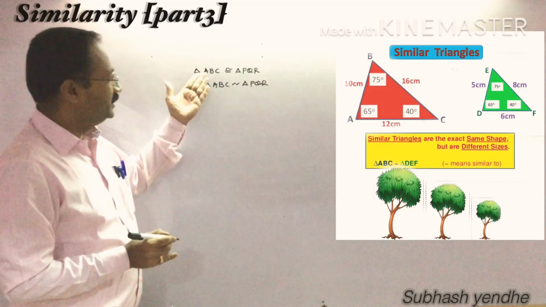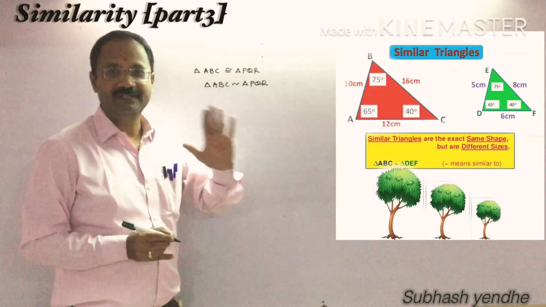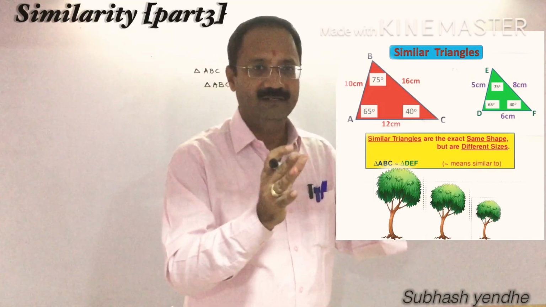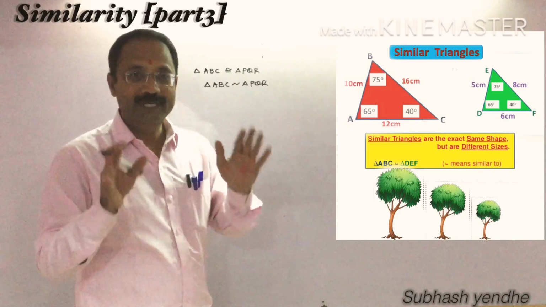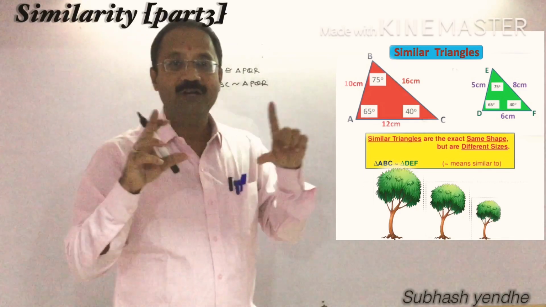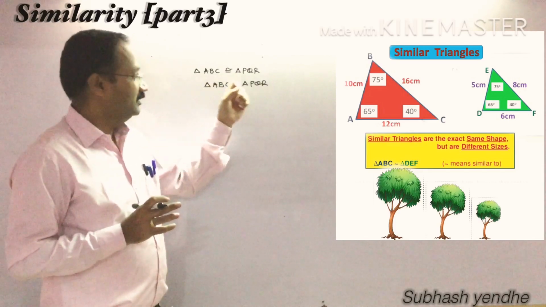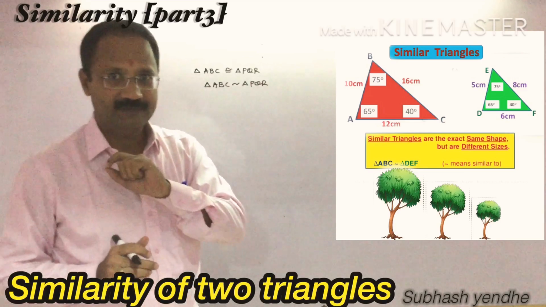Then what is the difference between congruency and similarity? It is very simple. Congruency means exactly equal, and similar means looking alike but not equal. So today we are going to see the similarity of two triangles.